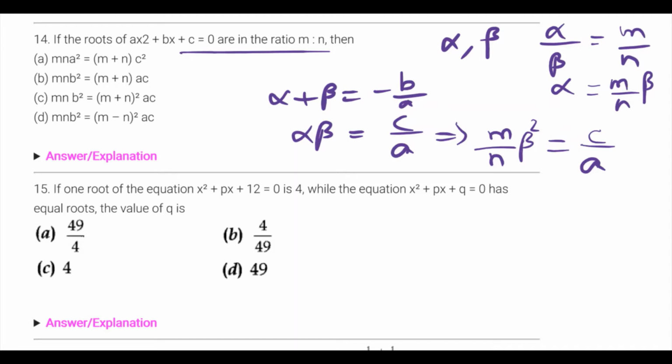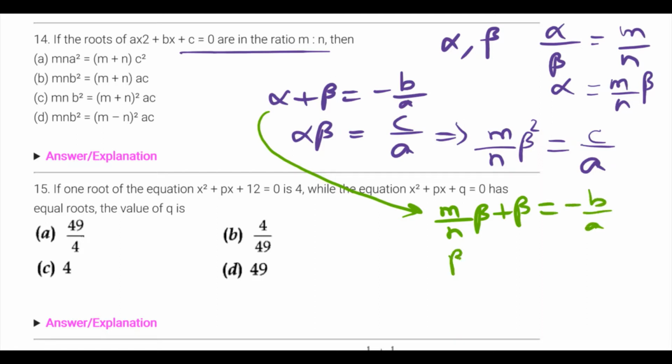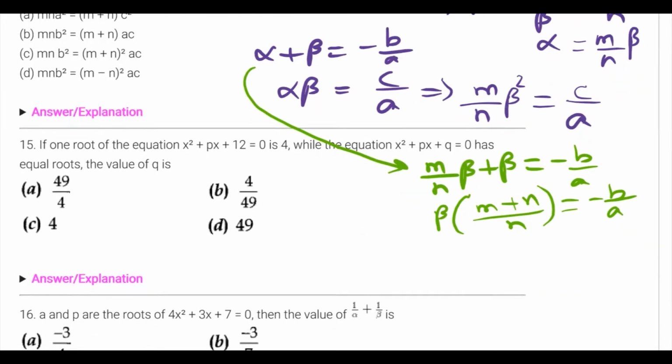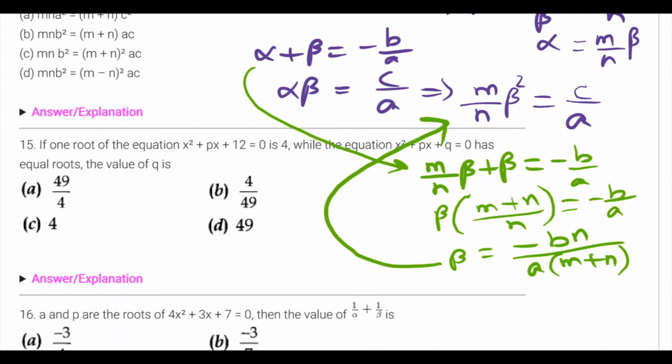And substitute the alpha value in the first equation, which gives m by n into beta plus beta equals minus b by a. Taking out beta common and taking the LCM, m plus n by n, that equals minus b by a. So beta equals minus b into n by a into m plus n. Substitute the value of beta in this equation.